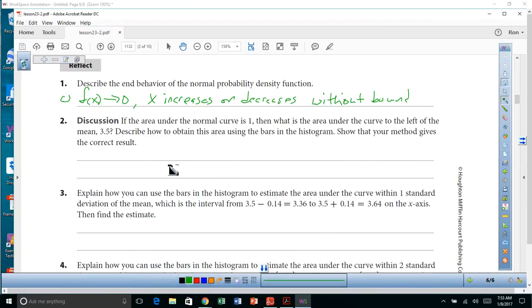All right. If the area under the normal curve is 1, then what is the area under the curve to the left of the mean? Okay, we discussed that at the very beginning. It's 0.5. It's 50%. All right. Describe how to obtain this area using the bars in the histogram.